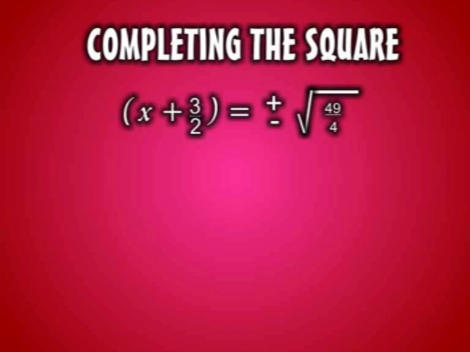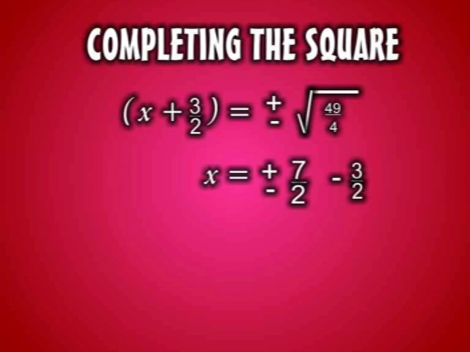That means that the square root of 9 can either be equal to positive or negative 3. The same principle applies to any number that we are squaring. That will read x is equal to plus or minus root 49 over 4 minus 3 over 2.